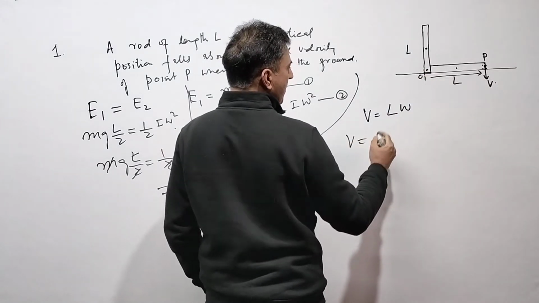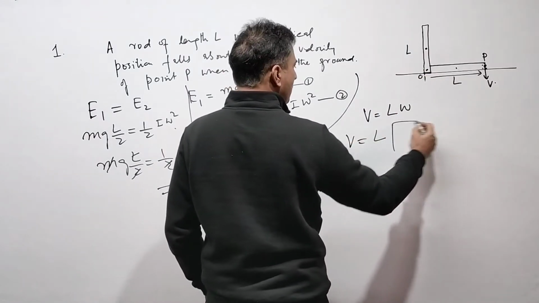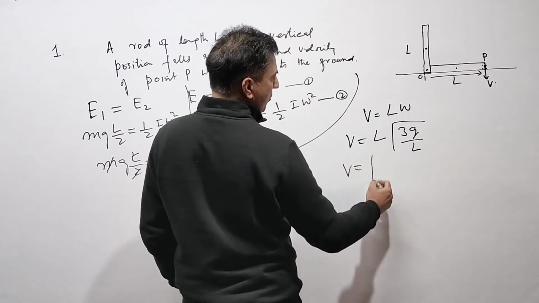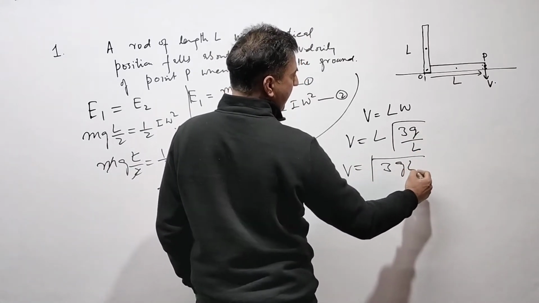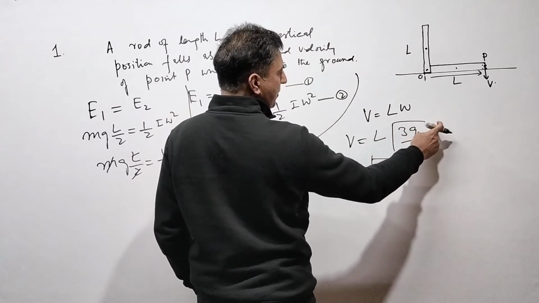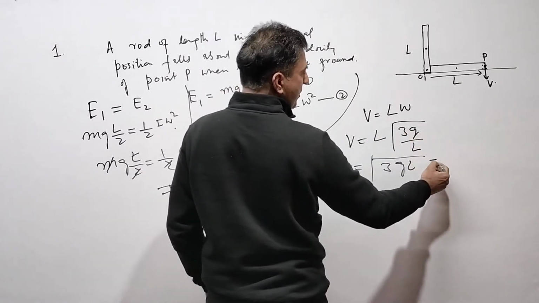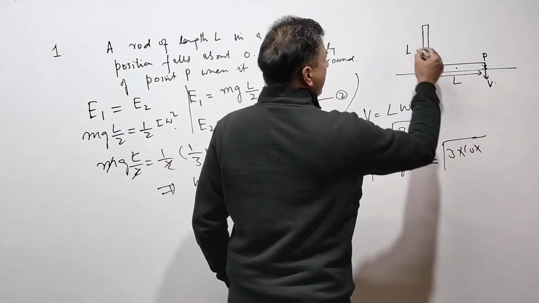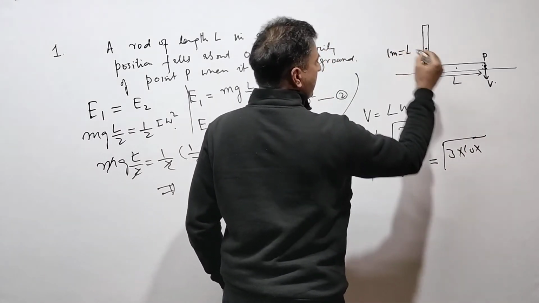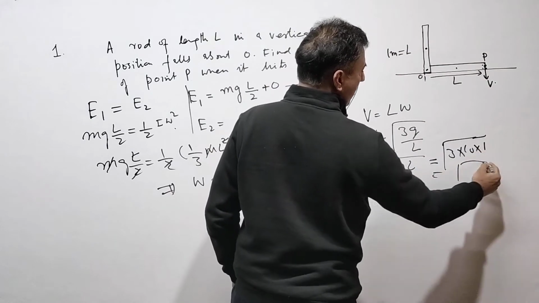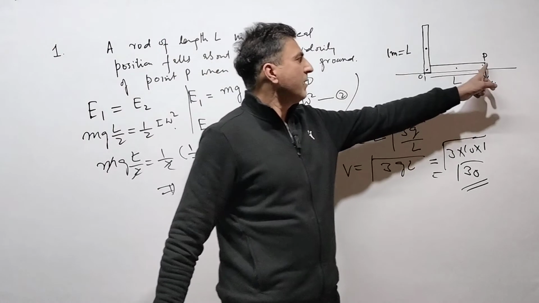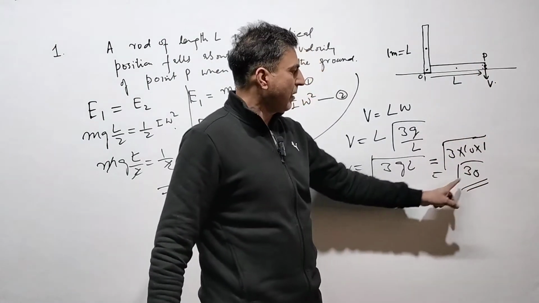So V is equal to L times root of 3g by L. So it will be V equal to root of 3gL, because L will go inside as L square and one L will cancel. So it is root of 3 into 10 into 1 meter, that is root of 30, answer. So the speed of this point when it hits the ground will be root of 30.